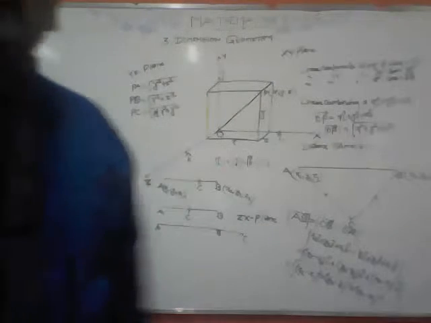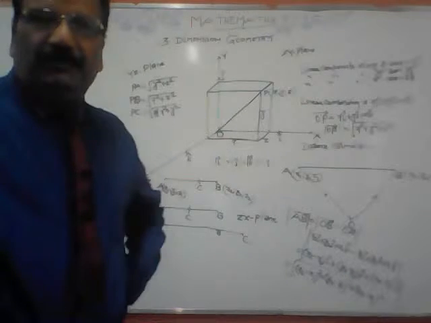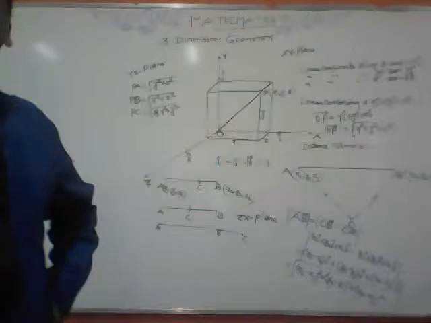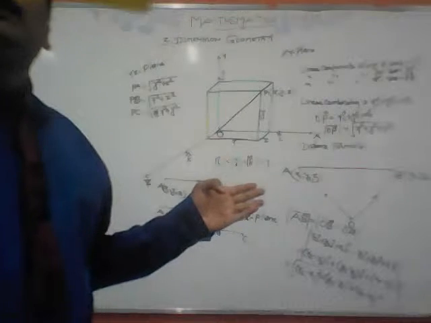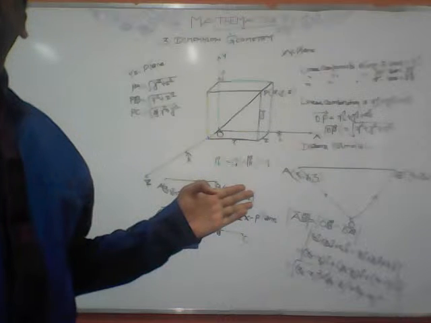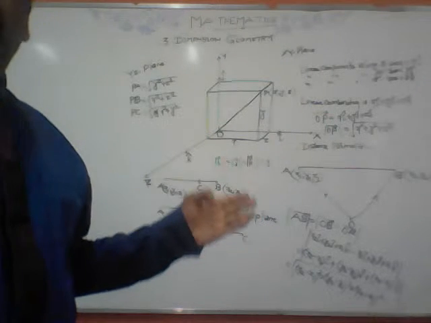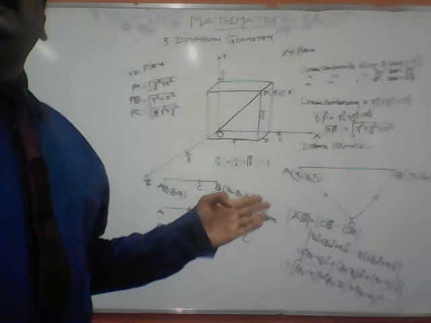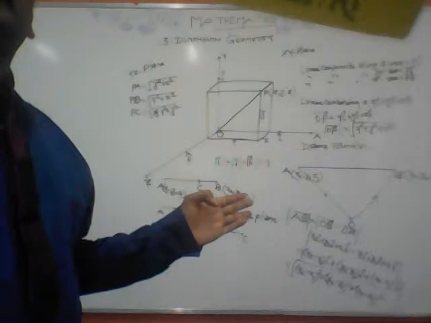So it is essential that you know very well what the section formula is. Coordinates of P will be (mx2 plus nx1) upon (m plus n), (my2 plus ny1) upon (m plus n), (mz2 plus nz1) upon (m plus n).